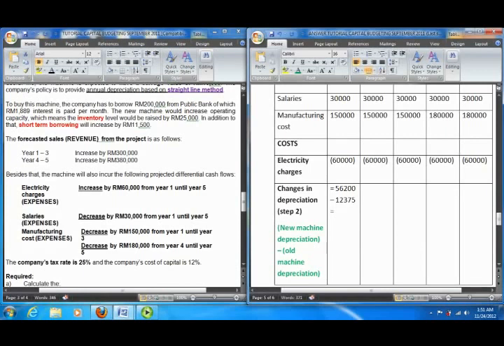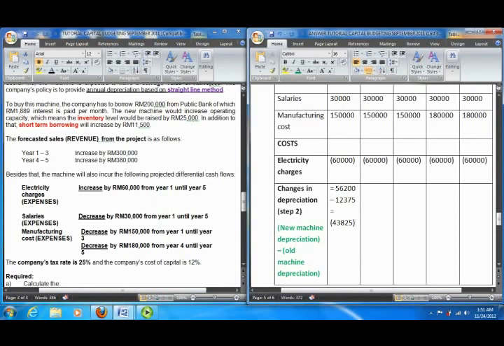Okay, class, the answer here is 43,825. But don't forget to put it as negative because it's under cost.